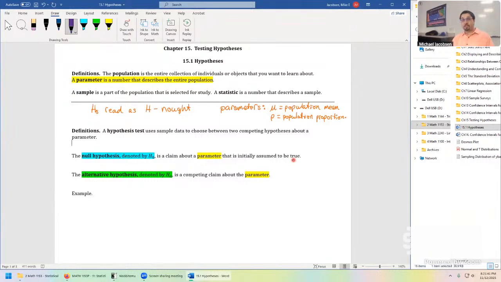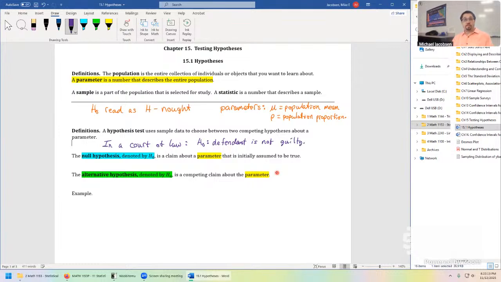This is a nice analogy because the logic is so familiar with what we know about the justice system in the United States that it helps us memorize this if we can just have some analogy to attach this to. So I'll write, in a court of law, H naught is a statement that the defendant is not guilty.